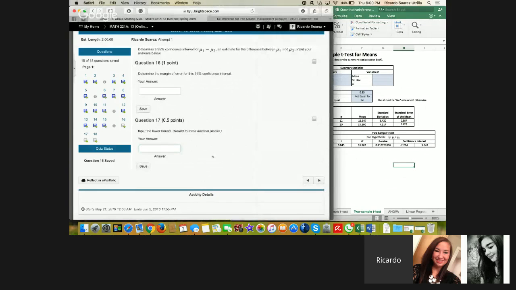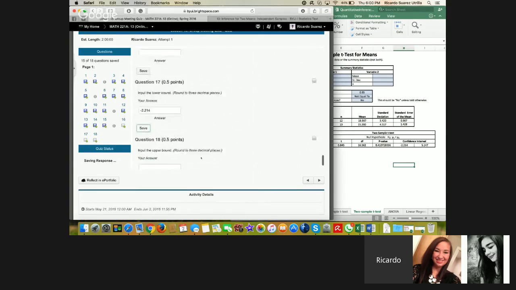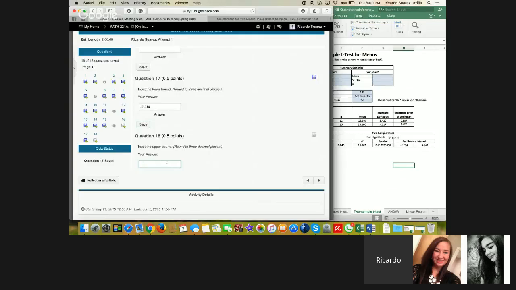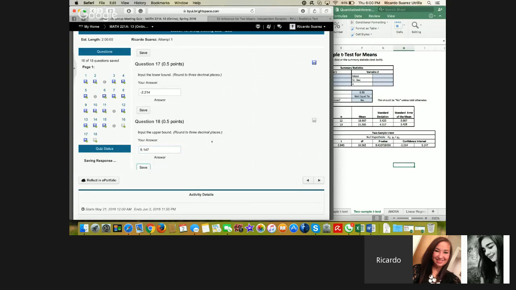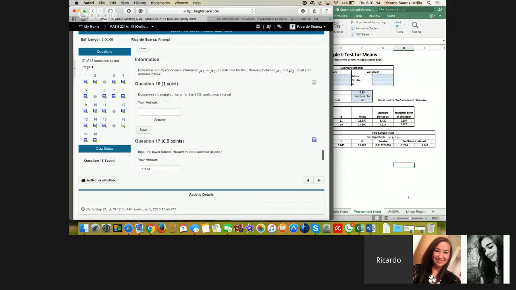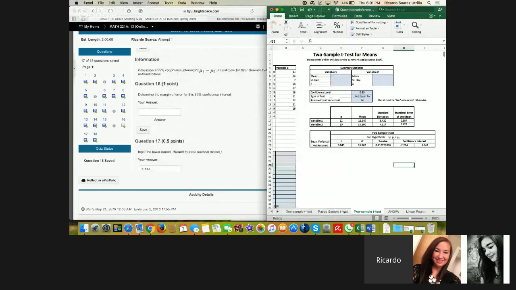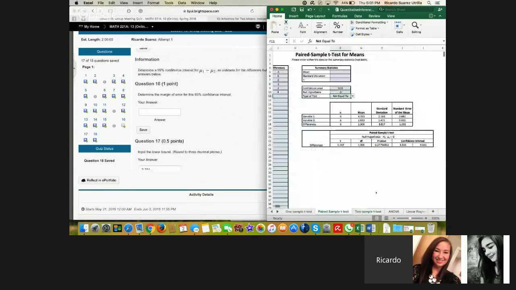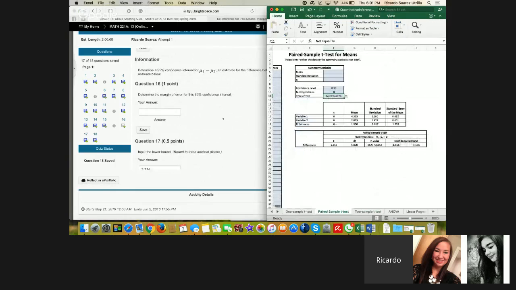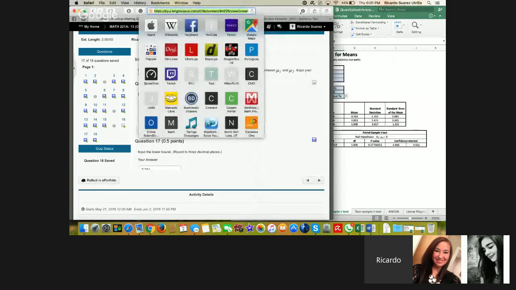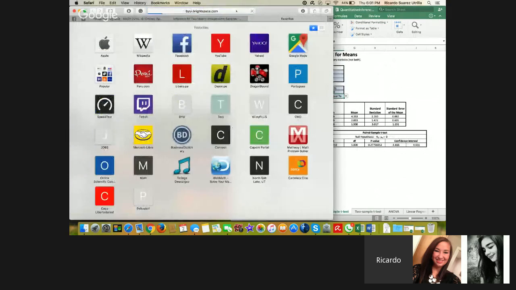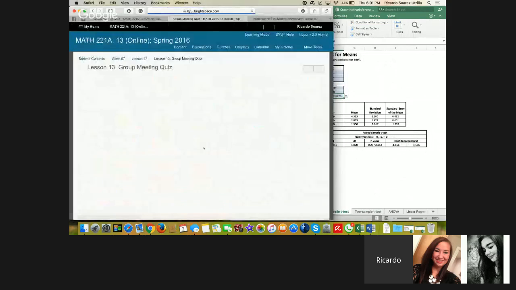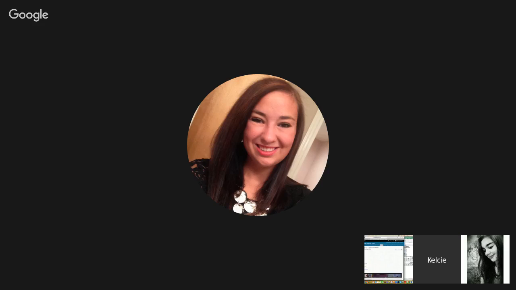That is going to be the lower, minus 2.214, and the other one is going to be 5.147. And 16, I can't remember. Check. Oh, I got it. Okay, let me see.